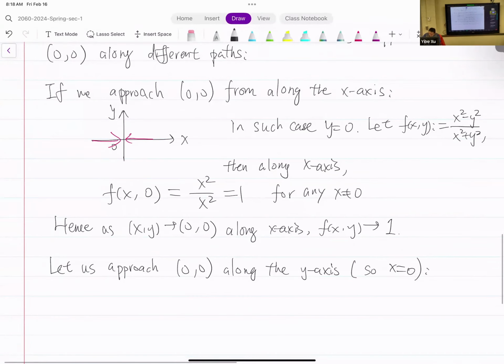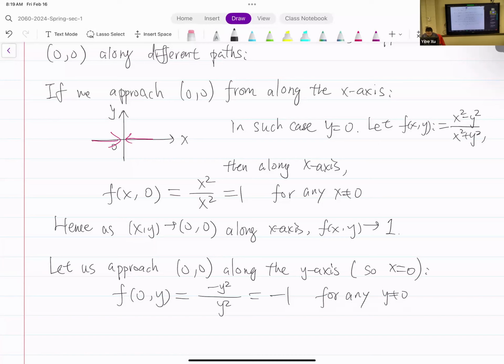And then we just plug in x equals 0. So we have f of 0, y that equals, just like we mentioned, negative y squared on the top, y squared on the bottom, right? So you see, as long as your y is non-zero, it's always just a -1 for any y non-zero.